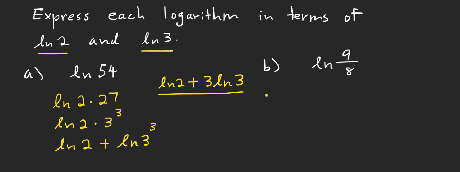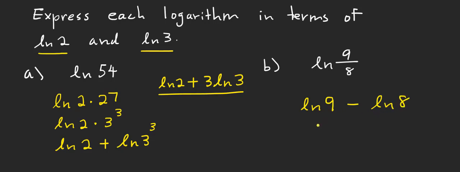What about natural log of 9 over 8? We have to rewrite it in terms of natural log of 2 and natural log of 3. So using the quotient property, this will be natural log of 9 minus natural log of 8.